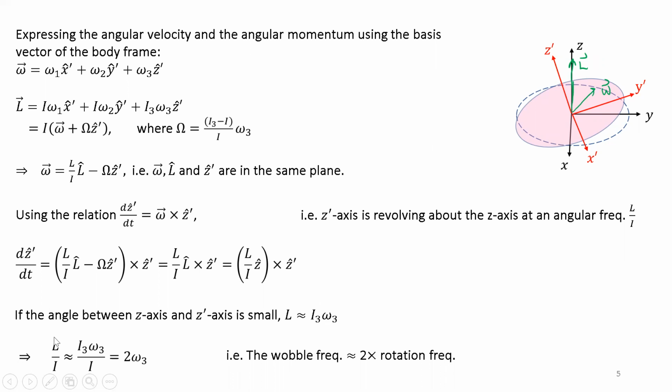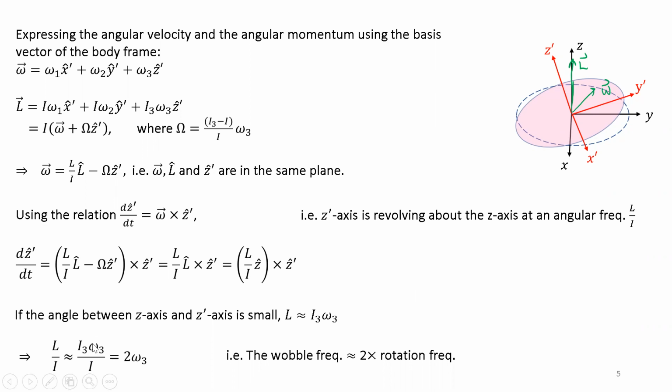So then this L divided by I is approximately given by this I3 omega 3 divided by I. And what is this I3 divided by I? So for this plate, remember the I3 is 1/2 mr squared, and the I is 1/4 mr squared.